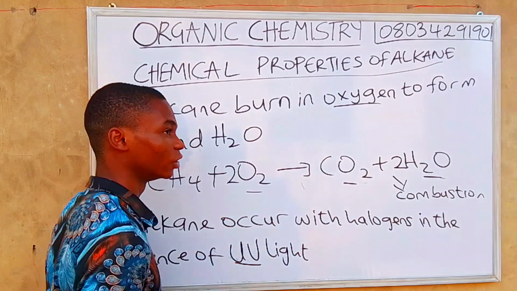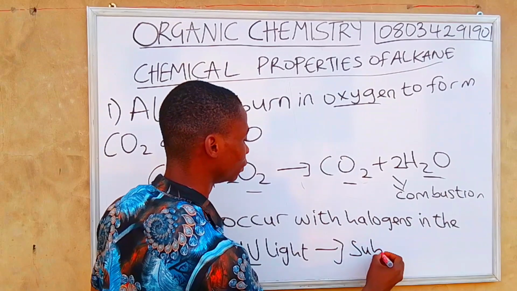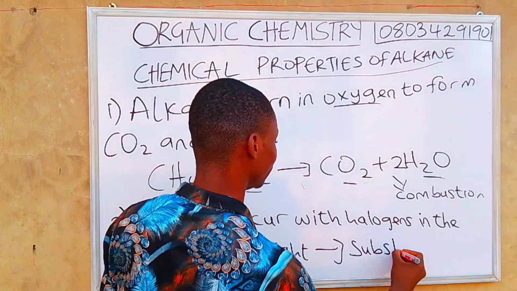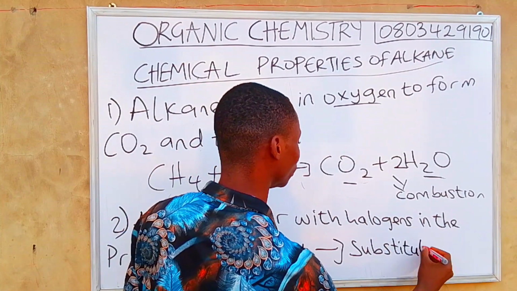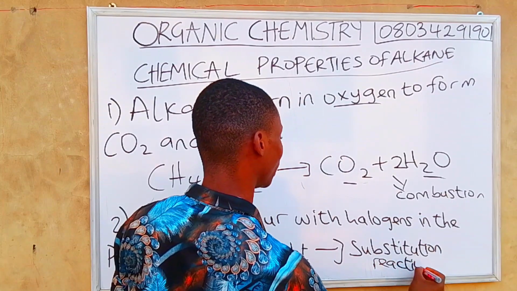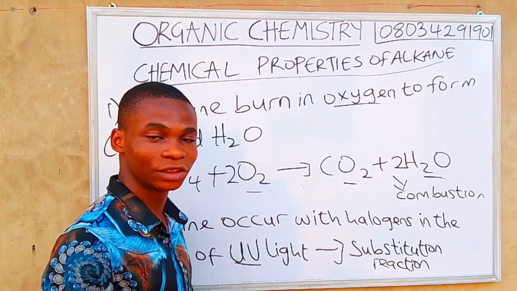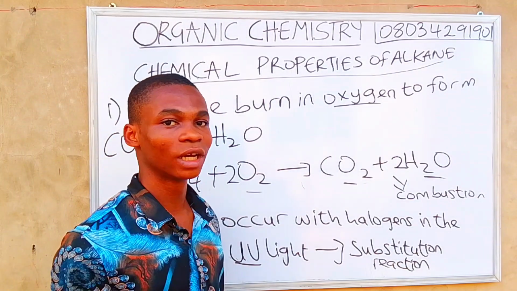This UV is ultraviolet. So this is the substitution reaction. Alkane is involved in substitution reaction, while alkene and alkyne are involved in addition reaction. We are going to get to that now.